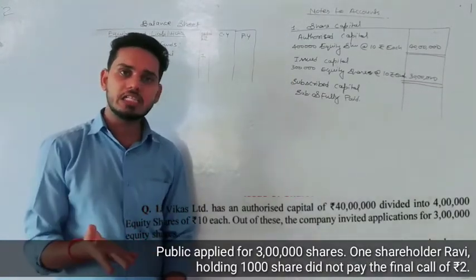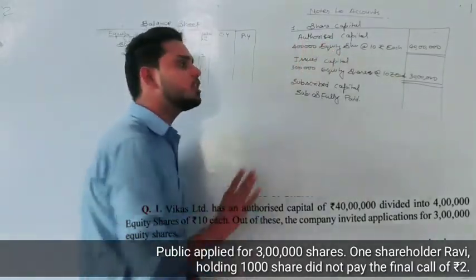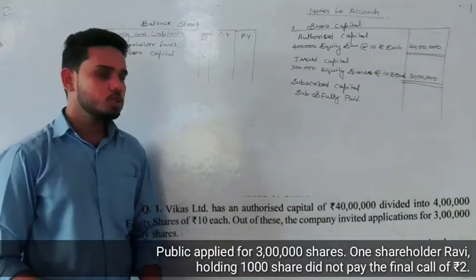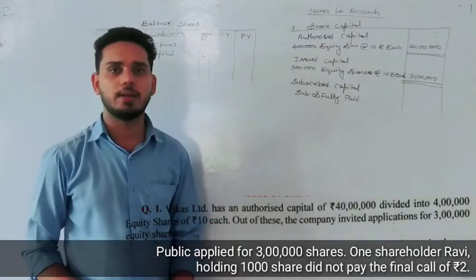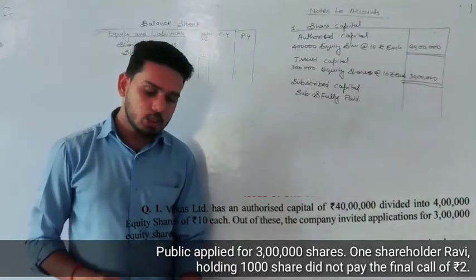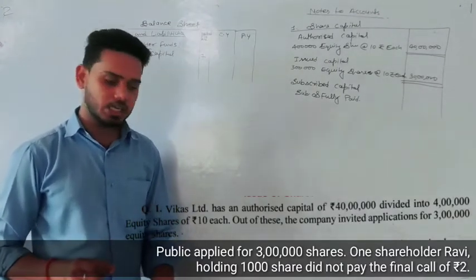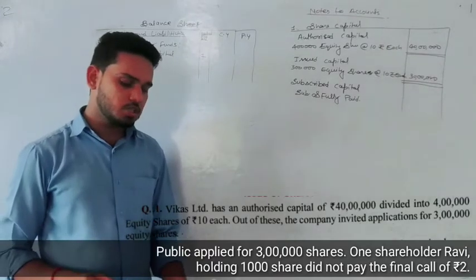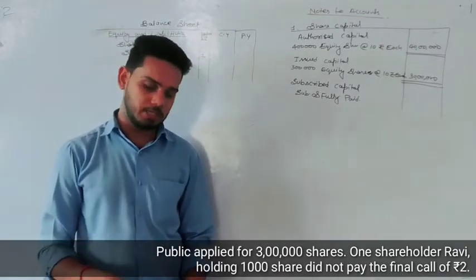For your easiness, for your understanding, we are keeping authorized and issued capital the same for every case. Okay. So let's see what our case 2 says related to subscribed capital. In case 2, it is written that the public applied for 3 lakh shares. One shareholder, Ravi, holding 1,000 shares, did not pay the final call of 2 rupees.